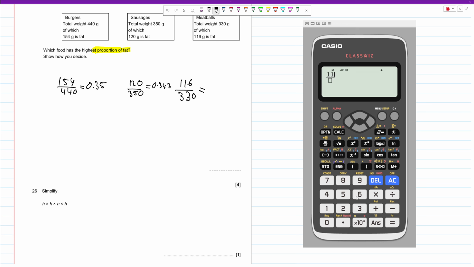And the last one, 116 divided by 330, gives me 0.352. So the one that has the highest proportion of fat will be this one, meatballs.